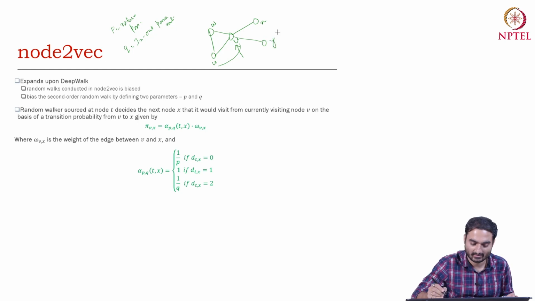Based on the parameter Q, you decide to move further through this path or through this path.